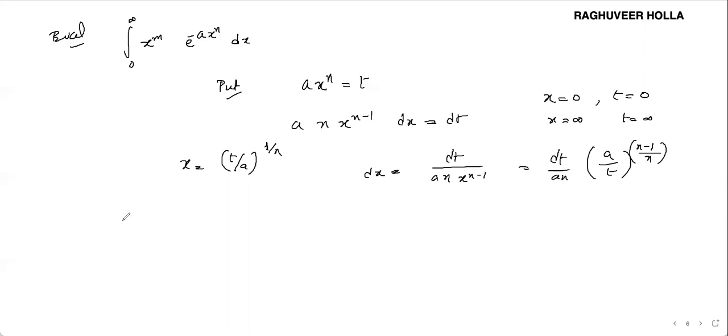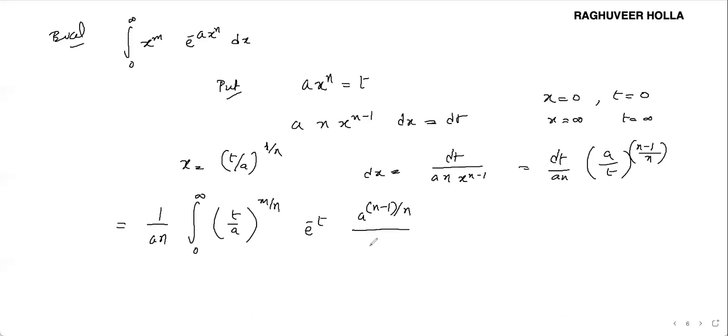Now this is equal to 1 by a n, integral 0 to infinity, (t by a) to the power of m by n, e to the power of minus t, divided by (t by a) to the power of (n minus 1) by n, into dt.